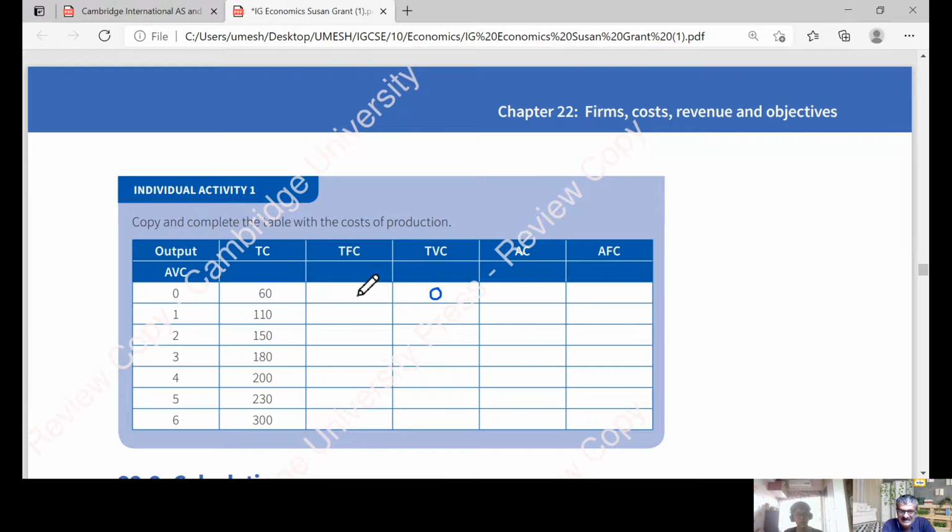Yeah, exactly right, Princess. That's wonderful. So proud of you. This will be 60. And always remember, whether the output is 0 or whether the output is 6, it will be 60 only because it's a parallel line.